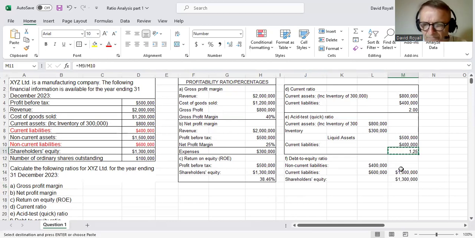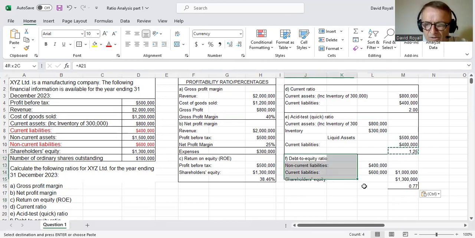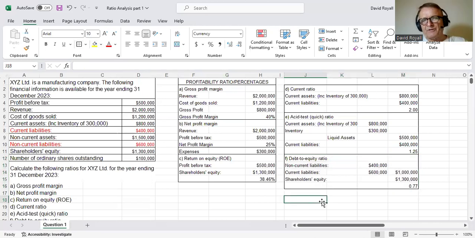I'll take a shortcut because I know the format's right. There we are, 0.77. So it's less than 1. That means we're probably not over-financing the business through borrowing.